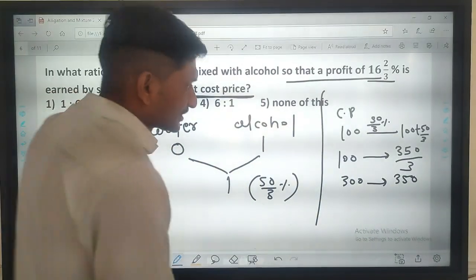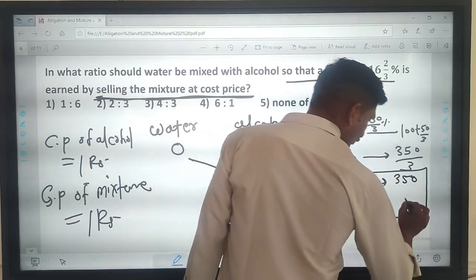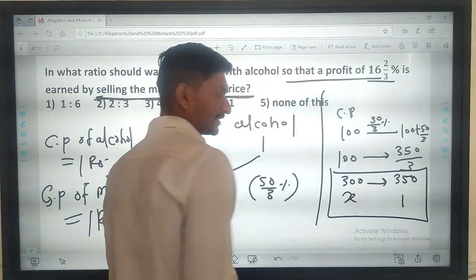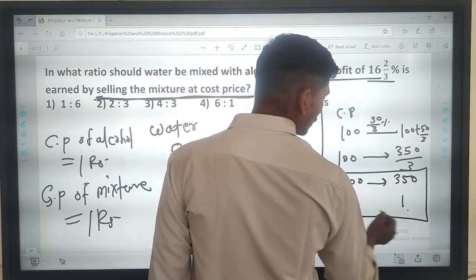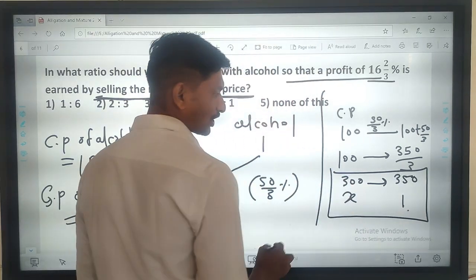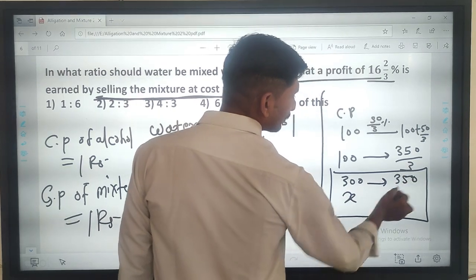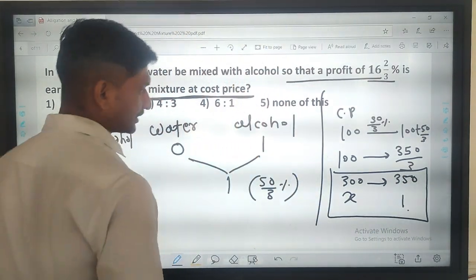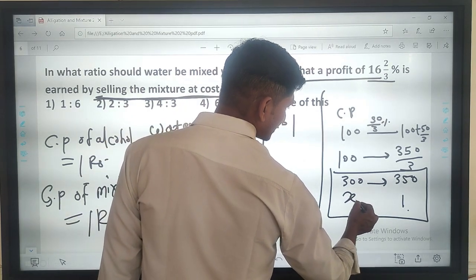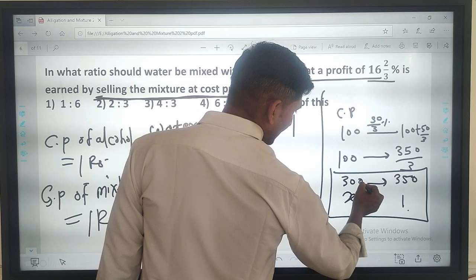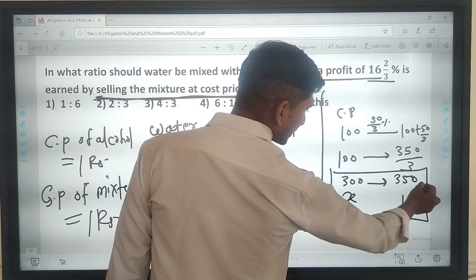Sorry, here the selling price is 1 rupee, so find the CP, the cost price. Now cross multiply: 300 into 1 is equal to X into 350.